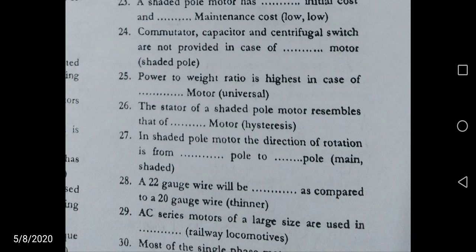A 22 gauge wire will be thinner as compared to a 20 gauge wire. AC series motors of large size are used in railway locomotives.